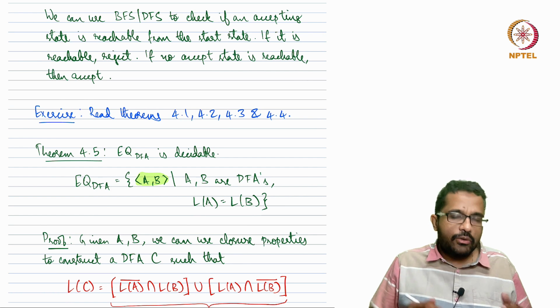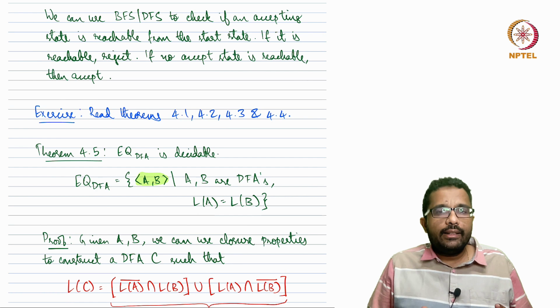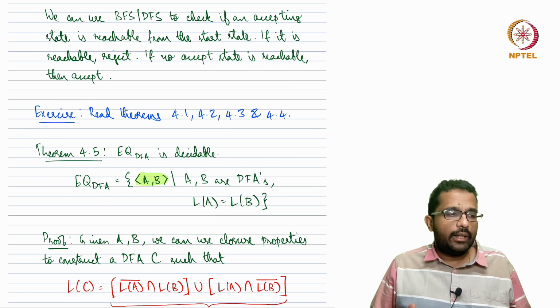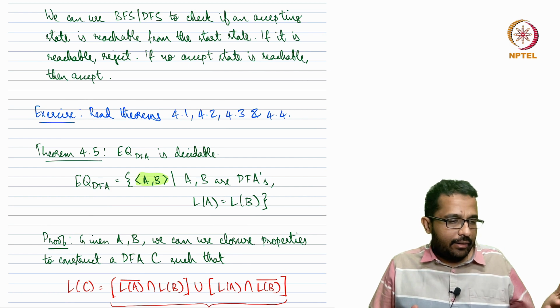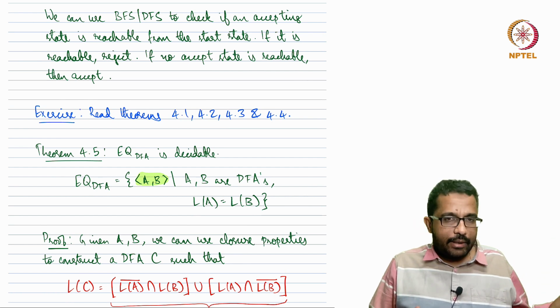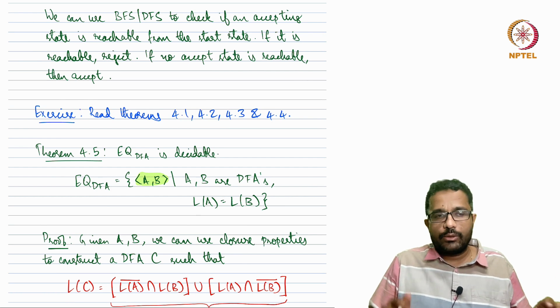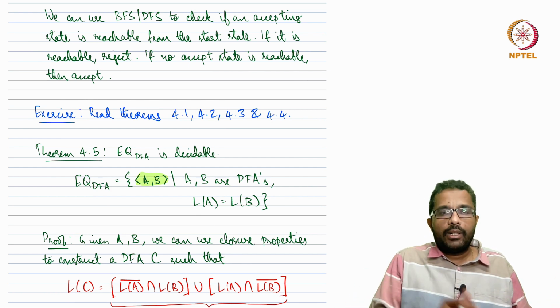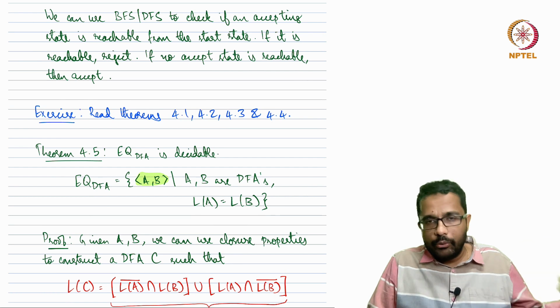If you think about it in the naive manner, you may be tempted to do this. Try the first small string and check whether it is accepted by A. Suppose the answer is yes. Is it accepted by B? If it is no, then you can say the languages are not the same, because there is one string that is accepted by A but not by B. But if it is accepted by both A and B, then you have to continue to the next string and do the same.